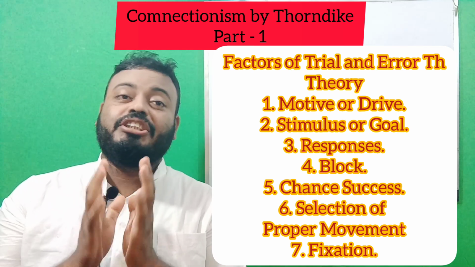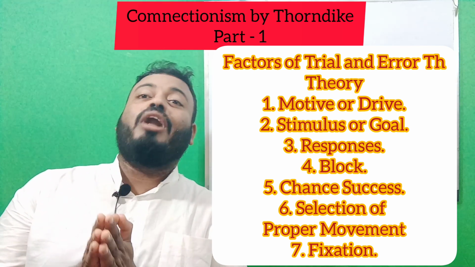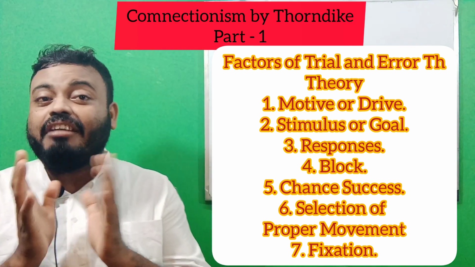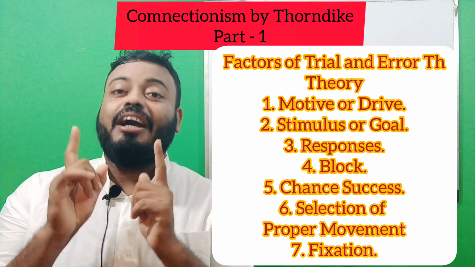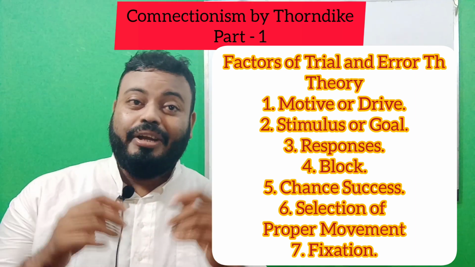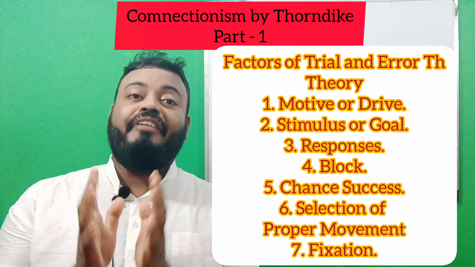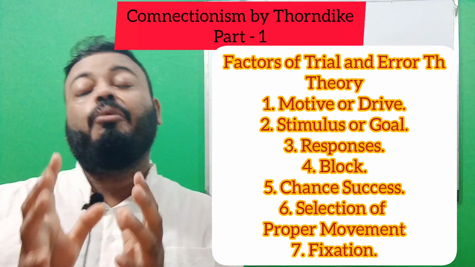Next is stimulus or goal. Food is the stimulus. To get the food by getting out of the box is the goal. Next is response. There are a number of varied types of response, such as scratching or pulling.